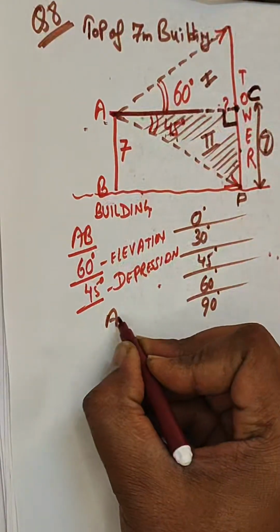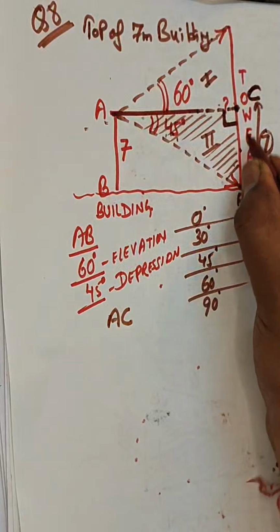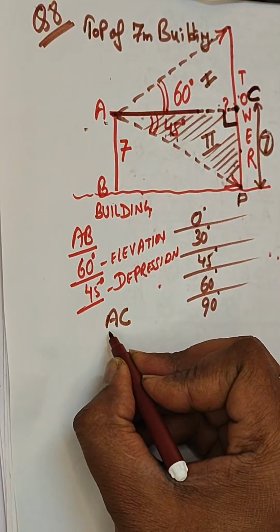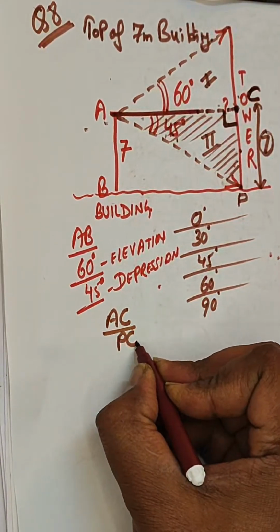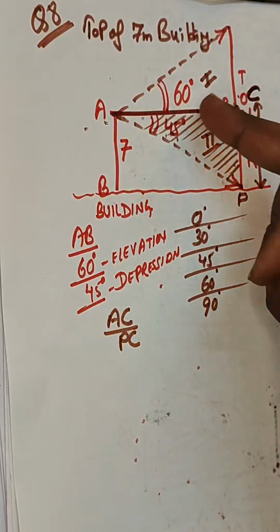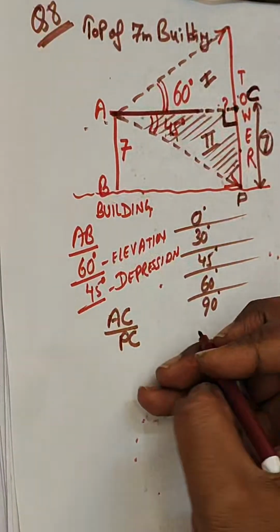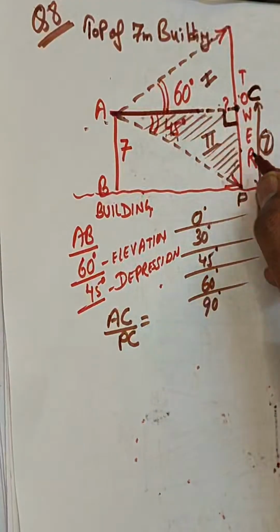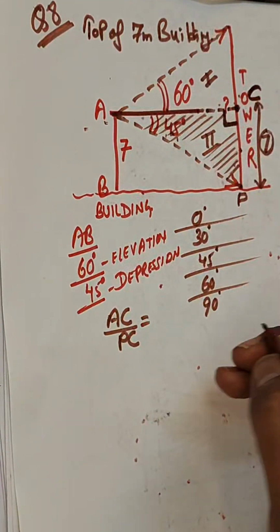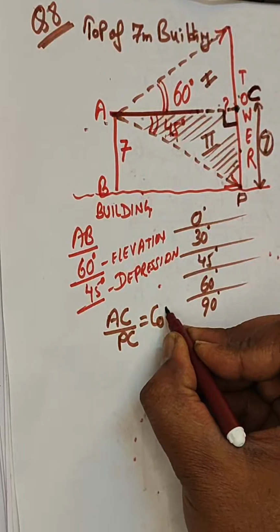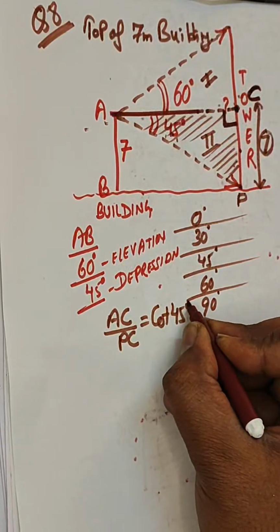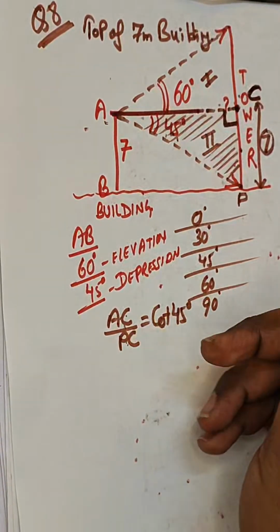How can AC be related? AC to PC. AC to PC is nothing but base by perpendicular. So base by perpendicular is given by which trigonometrical ratio? Cot. So take the value of cot 45 degree to calculate AC by PC.